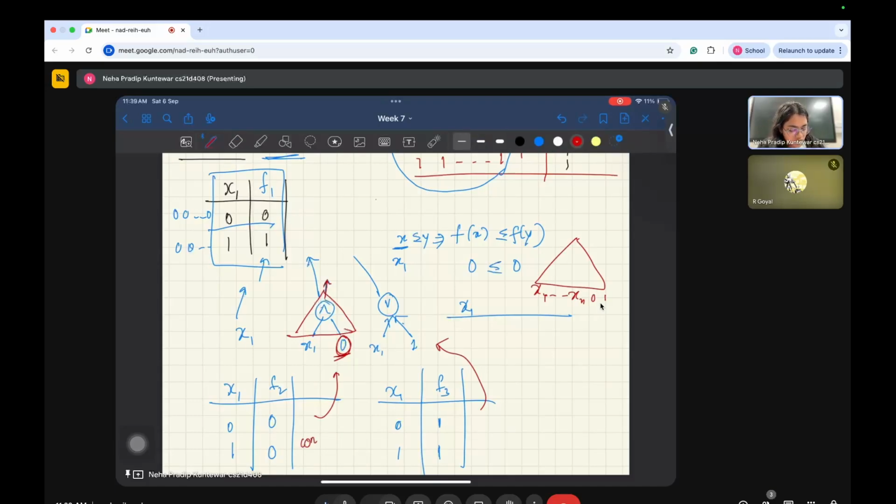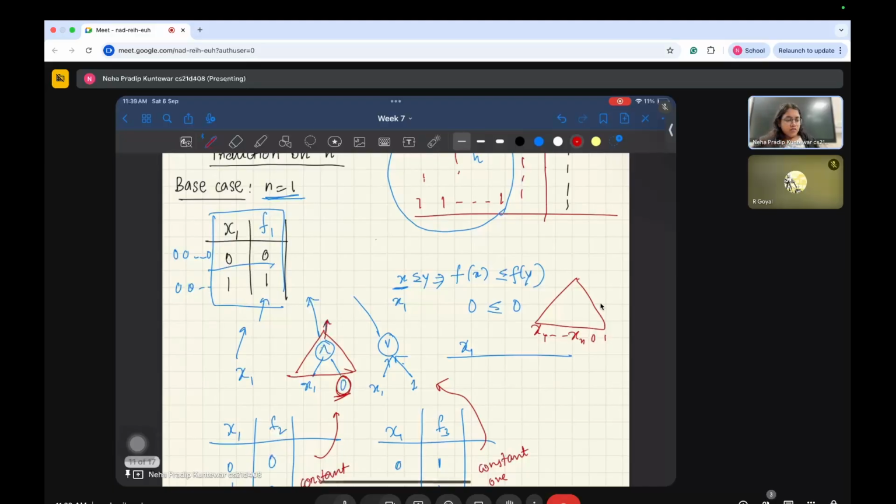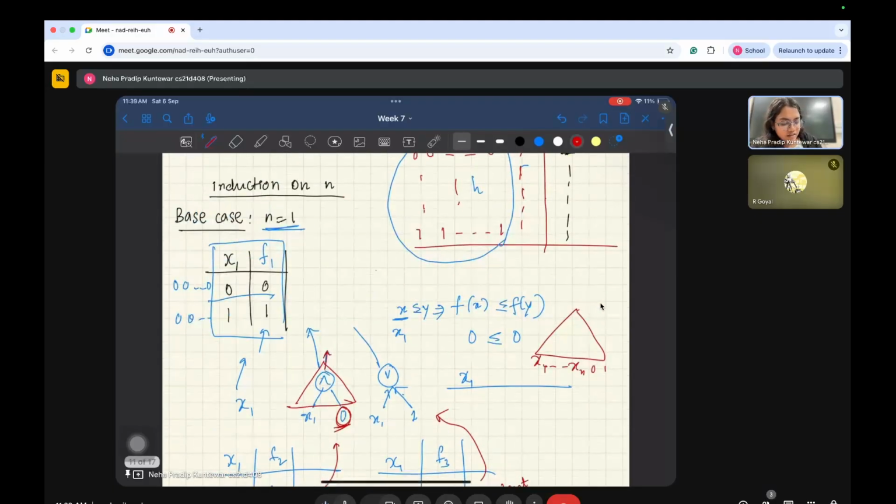This is called a constant 0 function. This is a constant 1 function, because no matter what the input is, it is always outputting 1. So that settles our base case.